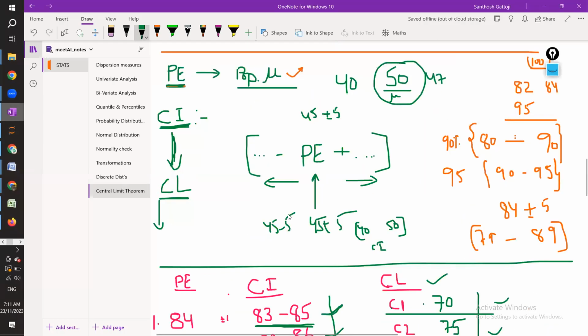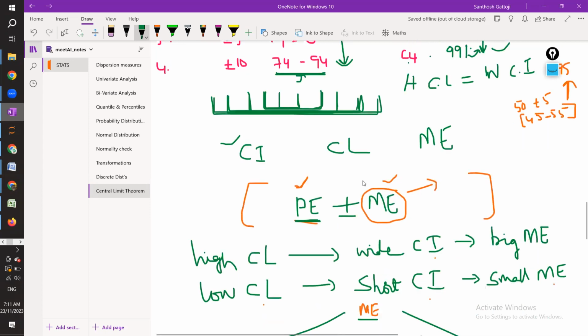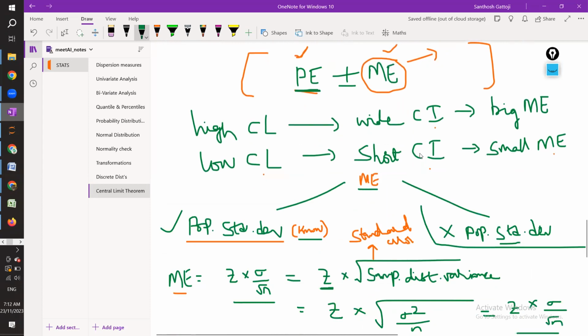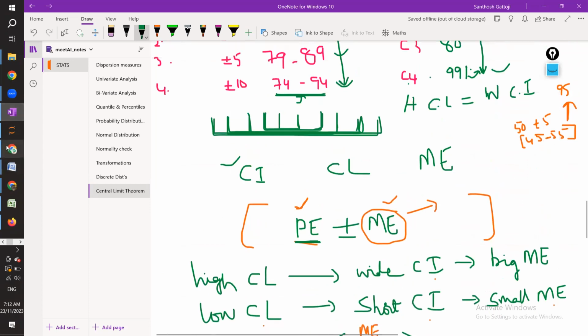What we studied is confidence interval, and each confidence interval will have some confidence level. We also saw the relationship between the confidence level and confidence interval.